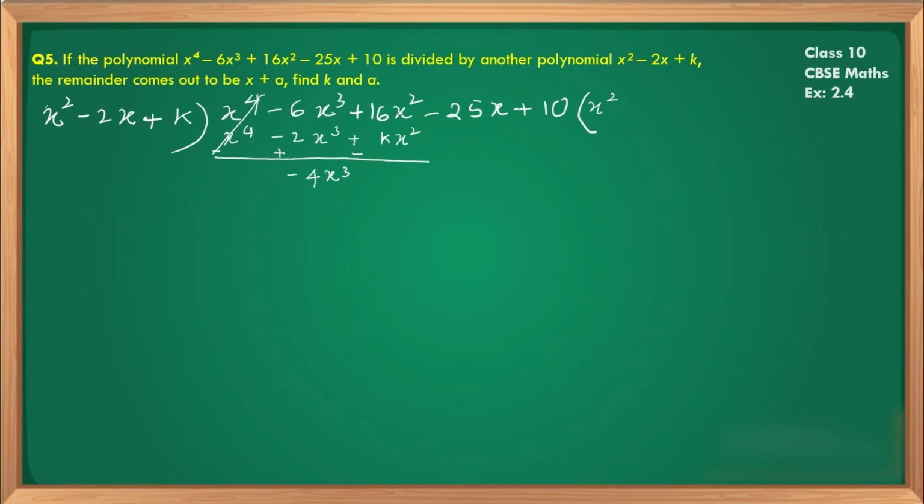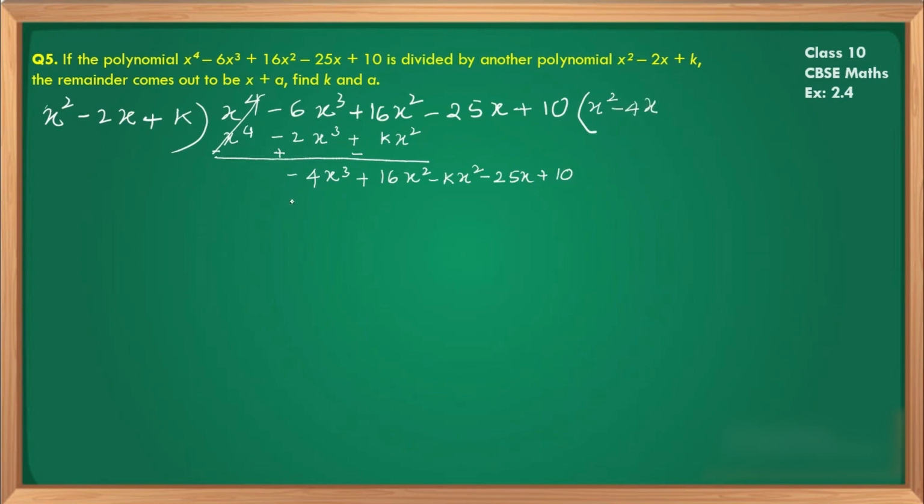Here it is an unlike term, so what we do, we write plus 16x square and then minus kx square. Now minus 25x plus 10 we write down as it is. Now we multiply x square with minus 4x. What we get?